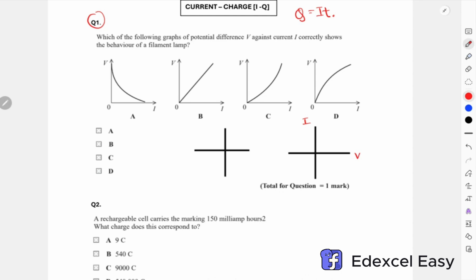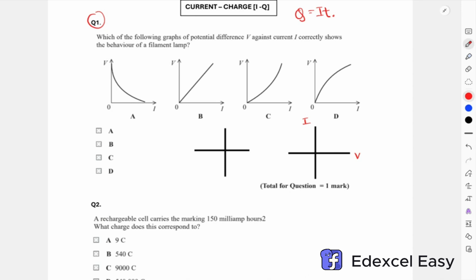Now, what exactly happens in a filament lamp? Initially the current flow is extremely high because resistance is very low. But when the filament lamp is switched on for a long period of time, the current flow through it causes the temperature to increase, and that causes the resistance to increase, right? Filament lamps are positive temperature coefficient conductors.